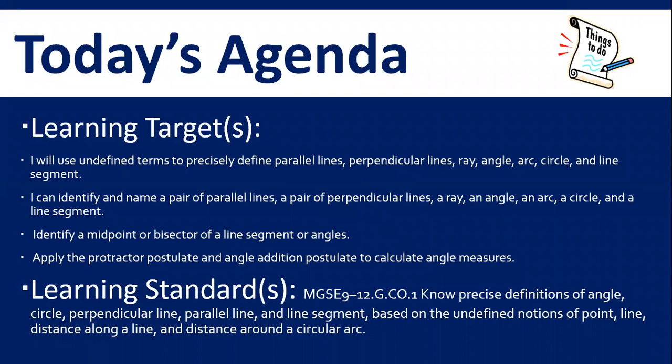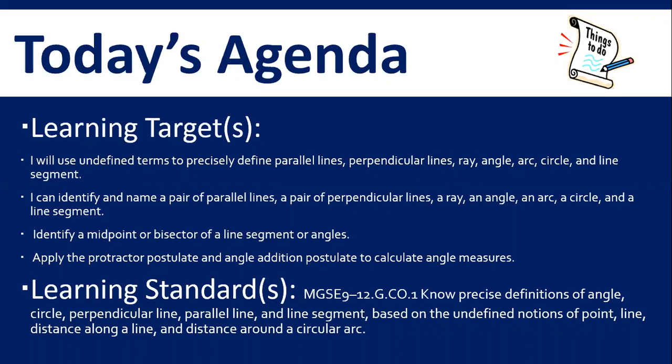All right, so learning targets for today, okay? I will use undefined terms and precisely defined parallel lines, perpendicular lines, ray, angle, arc, circle, and line segment. I can identify and name pairs of parallel lines, perpendicular lines, a ray, an angle, an arc, a circle, and a line segment.